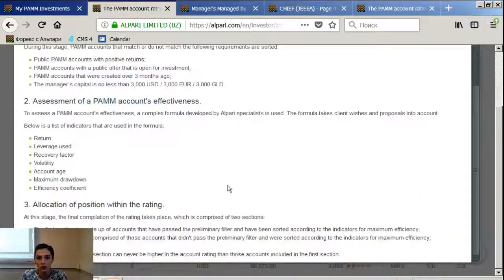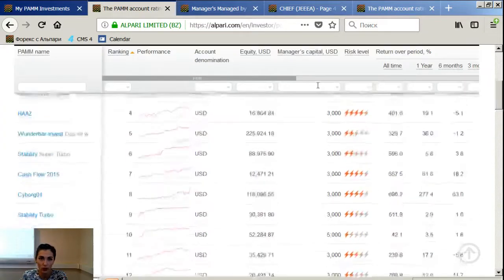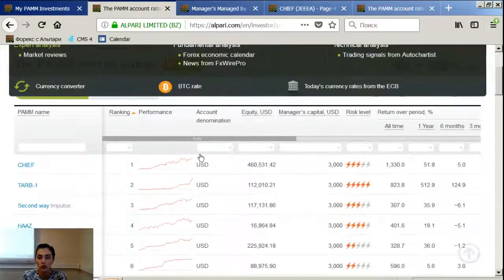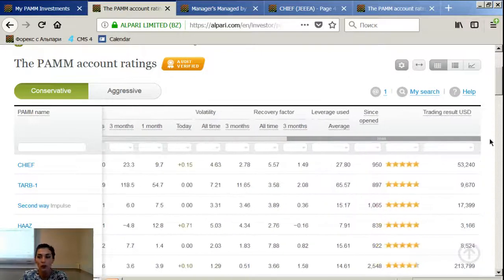Okay, let's go back to our last question. This is how we can choose the PAMM account in accordance with our risk profile, and we define that we want to invest in the moderate PAMM account, with more moderate aggressiveness. So let's choose since open. This is more than half a year. Leverage used less than 40 units.